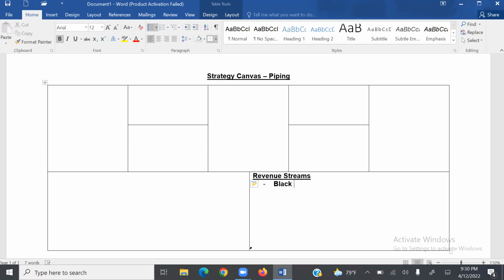Black tea is their major revenue stream, and it is mostly the tea bags. Just for your understanding, they also have loose tea as well. But the major revenue stream is coming from the black tea only. So just remember, black tea is the major revenue stream at the moment.